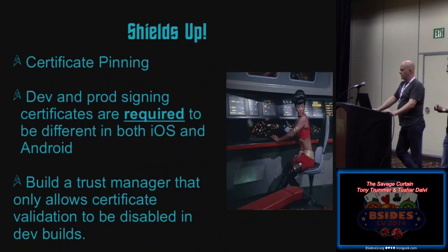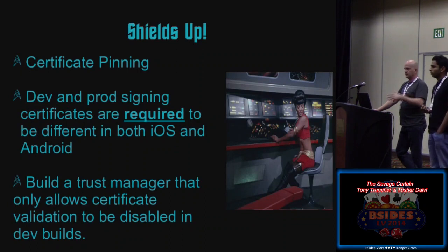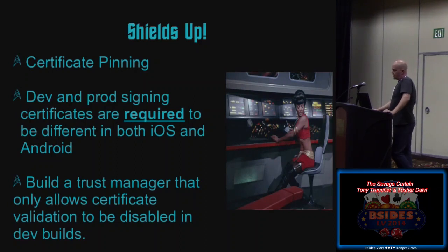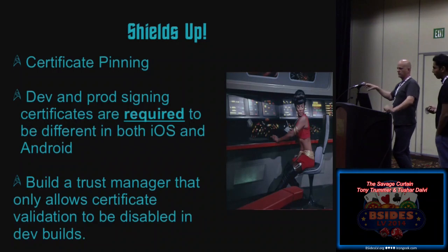But Tushar and I are both big fans of self-defending code, and what we thought of is to eliminate the chance for human error. We found what we think is a novel concept, or at least a novel implementation, which was the fact that the IDEs for both Android and iOS have essentially development signing certificates that they use when you're doing stuff in QA and in development.